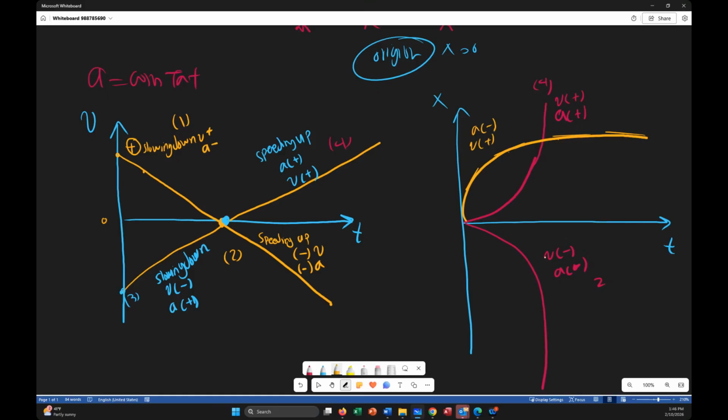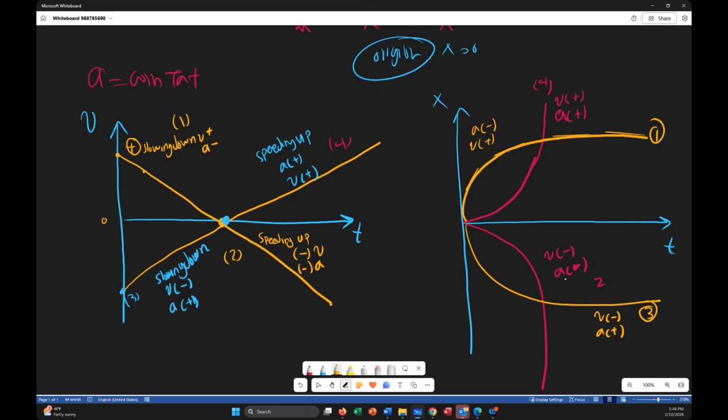Number 1, yes? What is the other one? Again, the velocity gets smaller, but the velocity sign is negative. Acceleration should be positive. Which one is the right one? Number 3. Good.